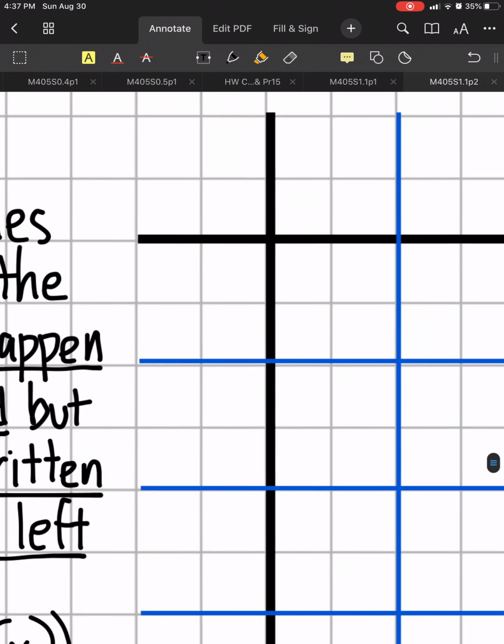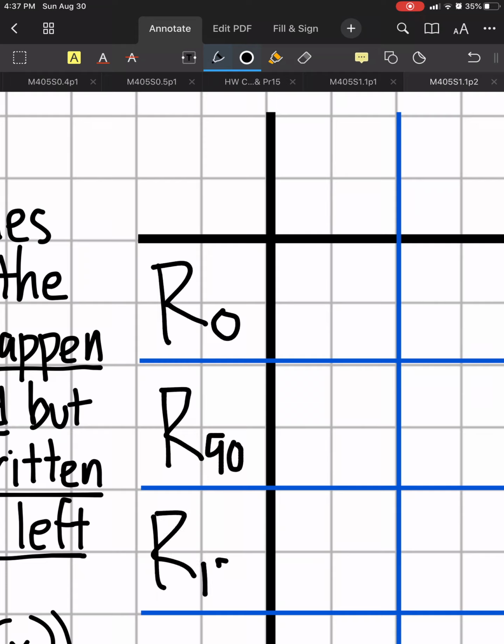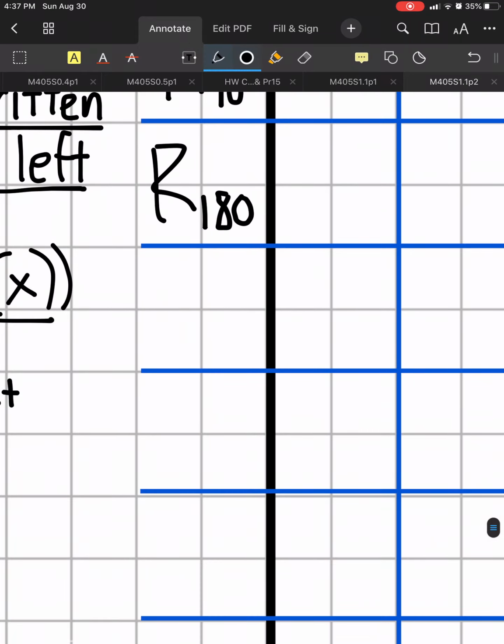Okay. So we've got 8 different things here, remember. We've got R0, R90, R180, R270. I'll try and put these in the order the book does.